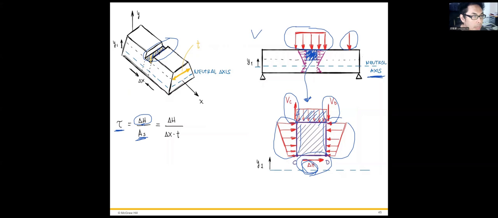The shear area equals delta X times t, the width of the beam. Delta X is fixed, but t is a variable, because this value changes depending on Y1.